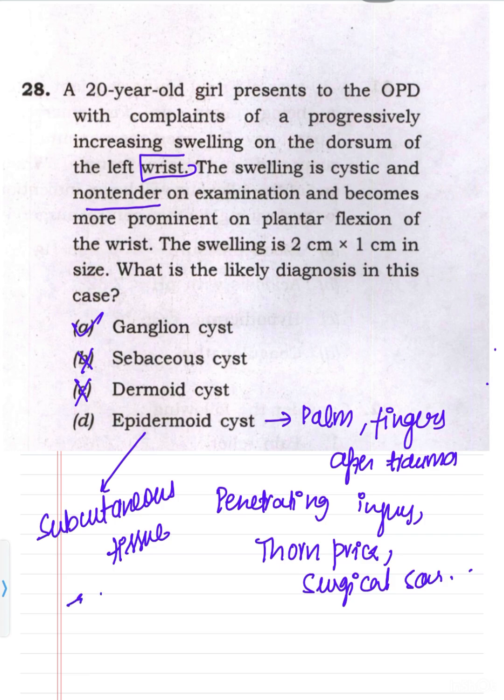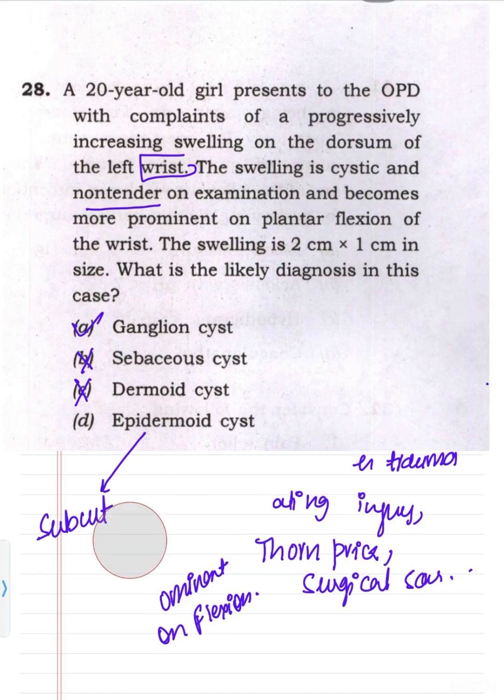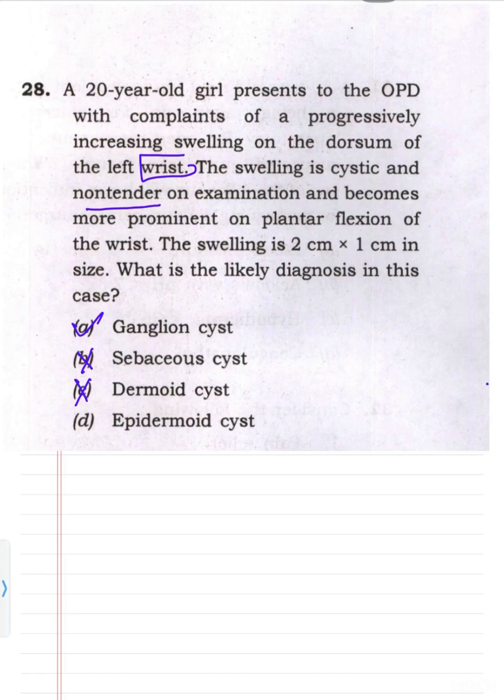And it does not become prominent on flexion. So epidermoid is a traumatic implantation cyst. So D is again wrong. So the correct answer will be the ganglion cyst.